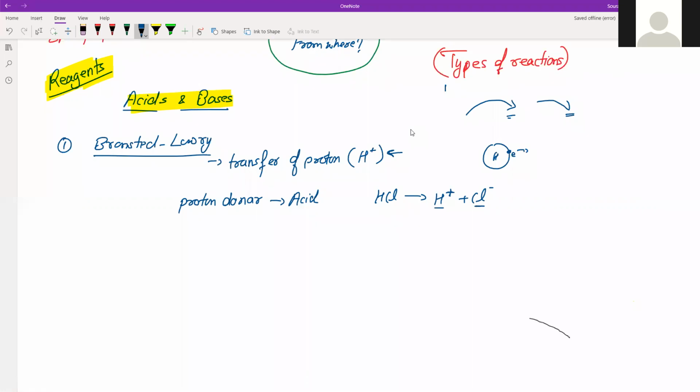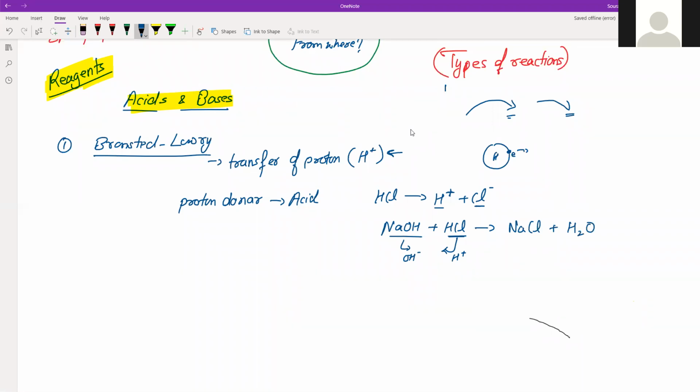Now see this, for example, NaOH plus HCl. What happens now? This gives out H plus and this gives out OH negative. So the compounds formed are NaCl plus H2O.